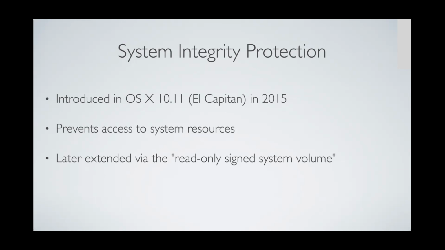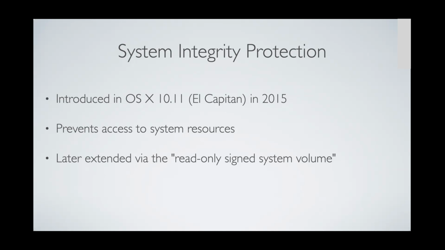So System Integrity Protection sort of puts an umbrella over all of those things and says, nope, you're not allowed in here. You can't touch these things. You can look at them, but you can't touch them. And so that was a really huge step forward. Really protects the system against what we refer to as rootkits, where something malicious actually modifies system files.